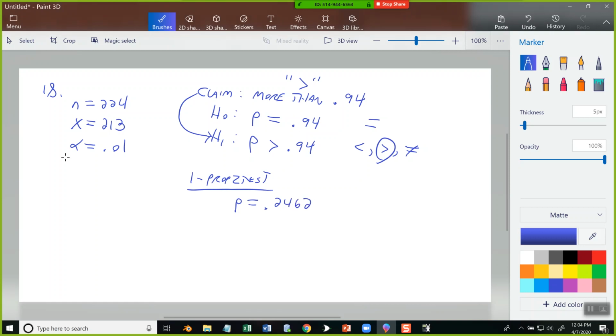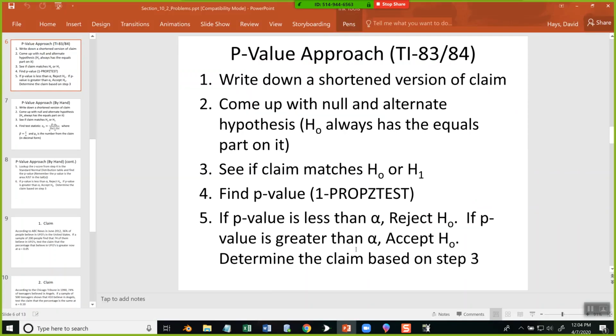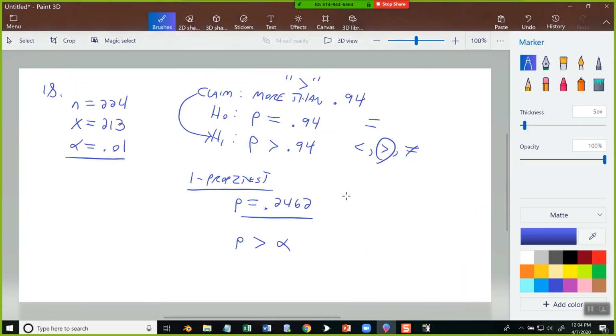Now again, we're comparing that to alpha, and you can see that P is greater than alpha. So for this, if the p-value is greater than alpha, it says we accept H naught. So we accept H naught. If I accept H naught, that means I reject H1.